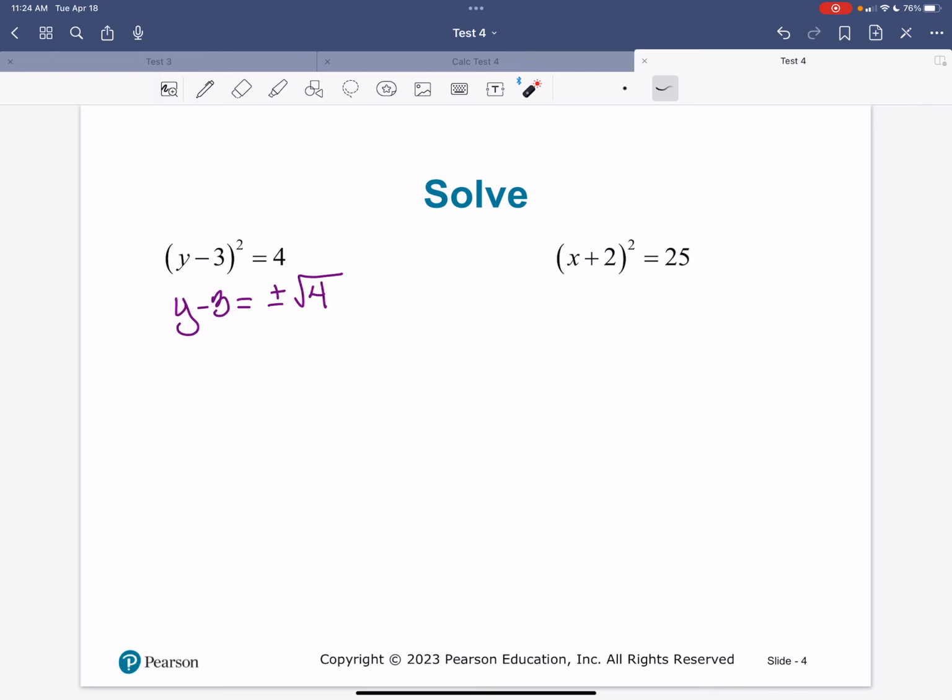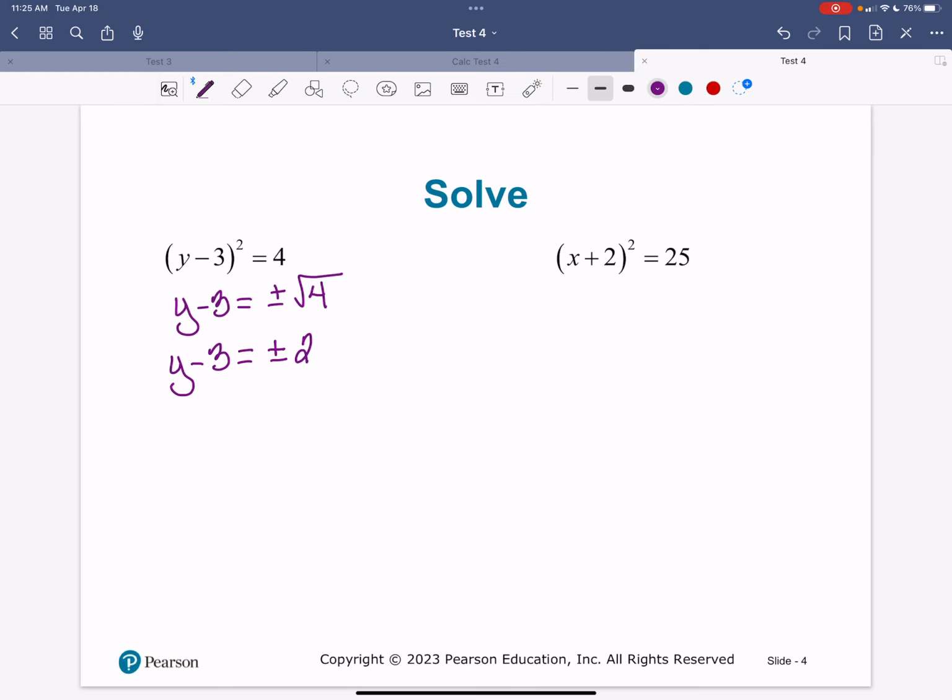So now I can simplify this further. What is the square root of 4? So y minus 3 equals plus or minus 2. Now remember, this is how many solutions? 2.